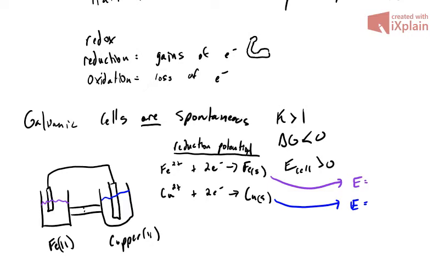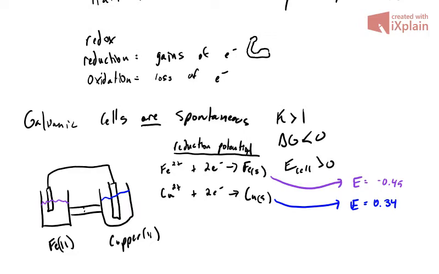Now, the reduction potential for Fe2+ is negative 0.45, and the reduction potential for Cu2+ is 0.34.